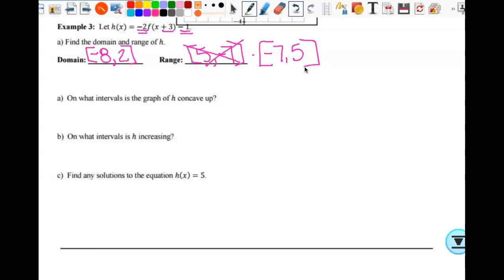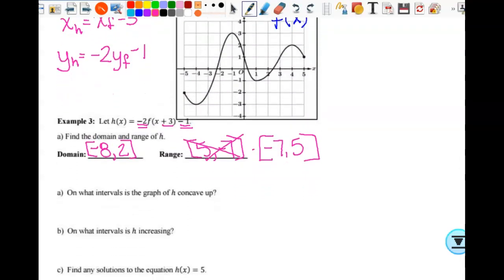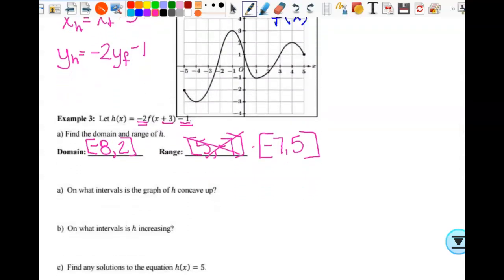Okay? So part A asks me, on what intervals is the graph of H concave up? Well, the first thing I want to look at is where F is concave up, right? When we talked about concavity, concave up is when your rate of change is increasing. Concave down is when your rate of change is decreasing, right?